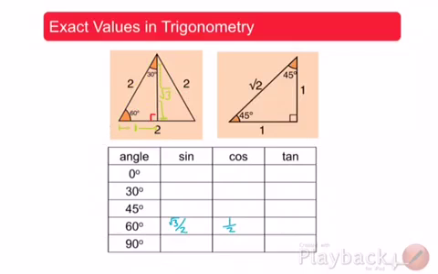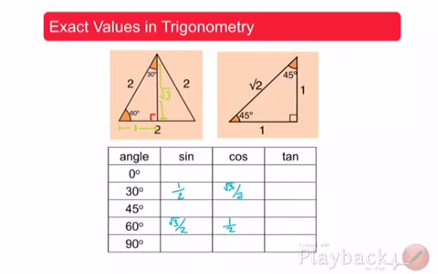Okay, if I look at my 30 from this angle, my opposite is 1 and my hypotenuse is 2, so the sine of 30 is 1 over 2, and the cos of 30 is going to be the adjacent, which is root 3, so it's root 3 over the hypotenuse, which is 2. Okay, so that's that first one.